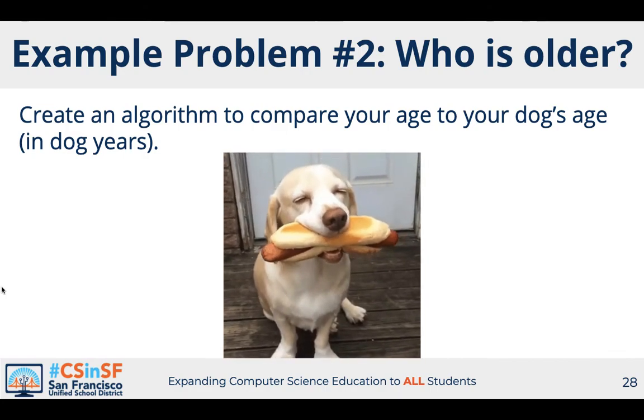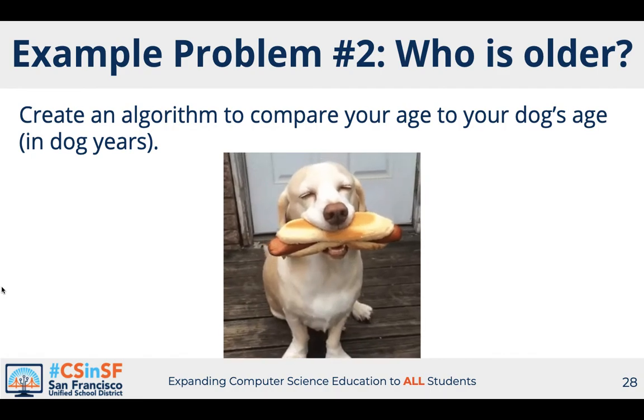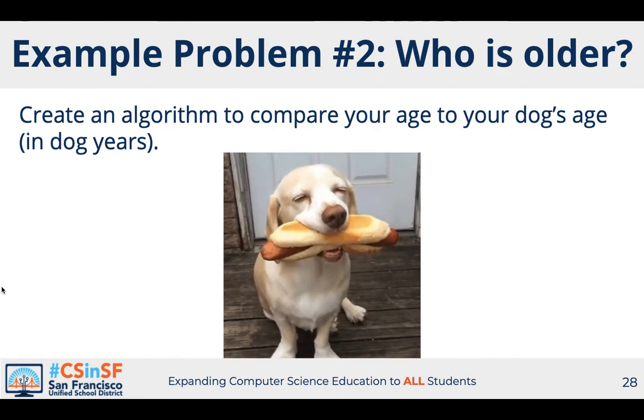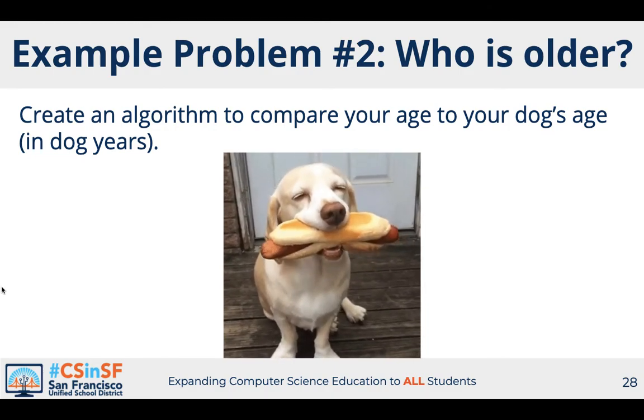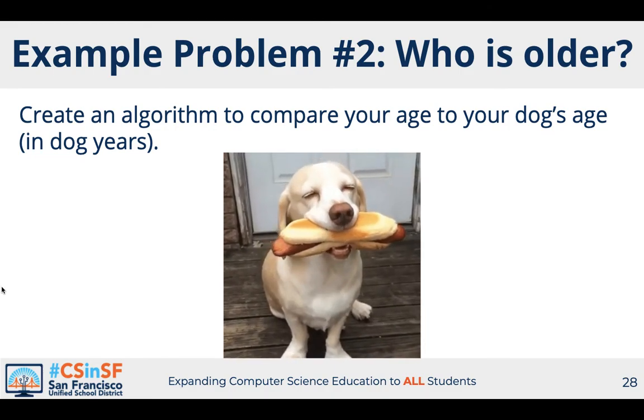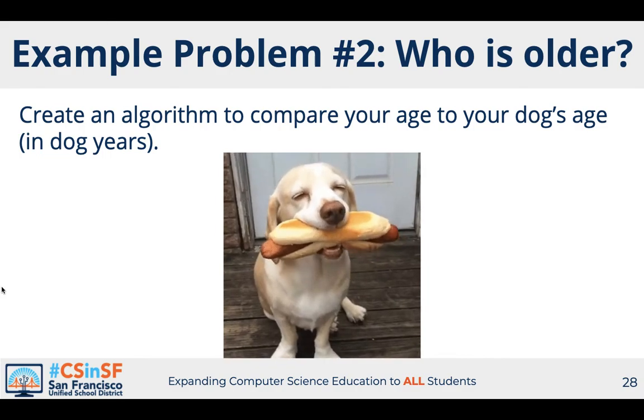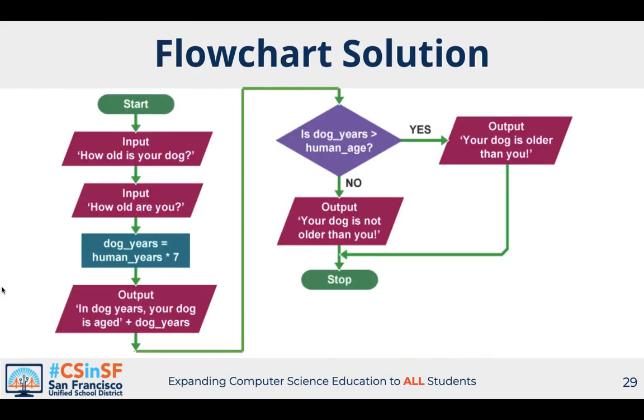Another problem, we're actually just going to go through this together, is now we tried to figure out how old your dog is in dog years. This problem is to figure out who is older, you or your dog. And so if we were trying to figure that out, we could set up a flowchart solution. So we need two inputs: how old is your dog and how old are you? And then we need to take the human years and transition them into dog years.